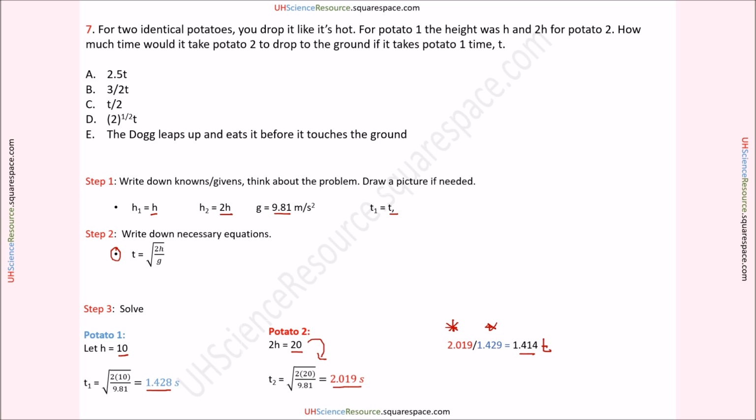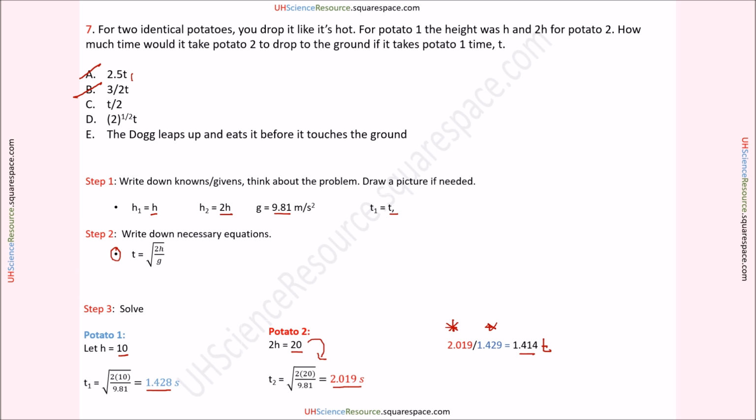So if we look at our answer choices, we can go one by one to see which one matches up with that ratio. For answer choice A, it says 2.5 of the time of potato 1, so that's not right, and we can eliminate that answer choice. For answer choice B, it's 3/2 or 1.5. That's close, but not quite.